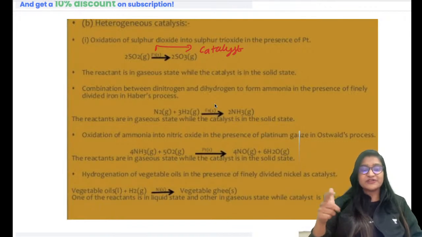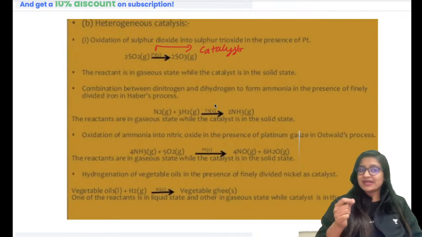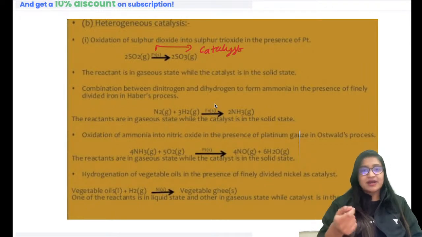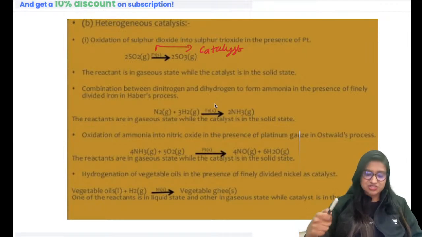So in case of heterogeneous catalysis, if your catalyst is present in the solid state and your reactants are present in the gaseous state, adsorption will happen on the surface, right? And then the reaction will proceed.